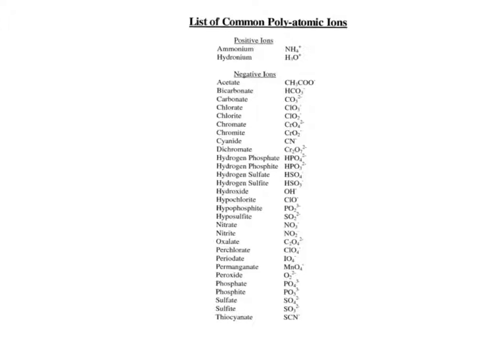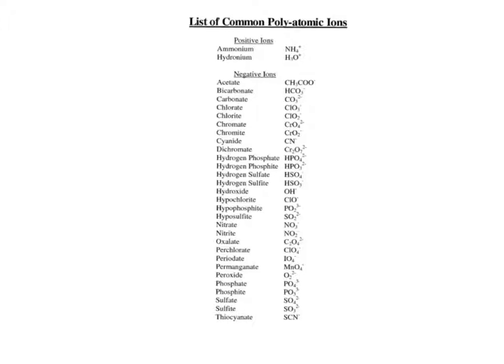And the last relationship that we're going to deal with is with the chlorates. And specifically we're going to deal with the perchlorate, which is the ClO4-. We're going to deal with the chlorate, which is one oxygen lower.